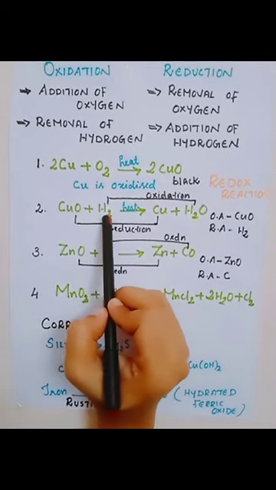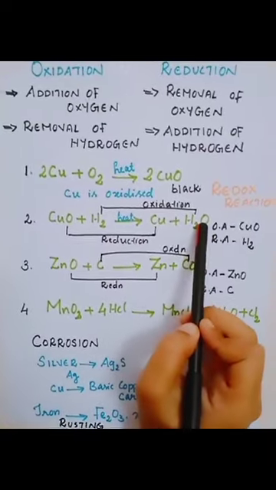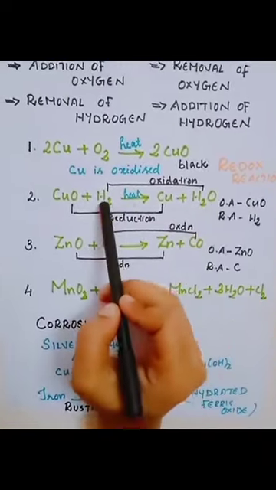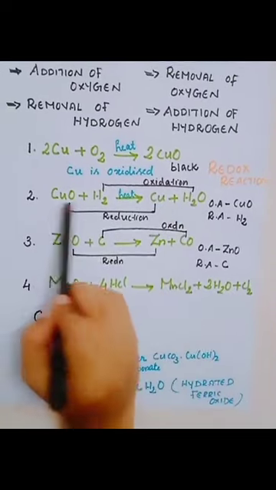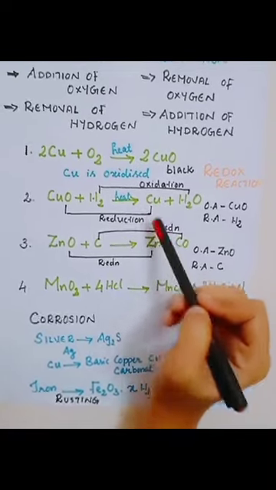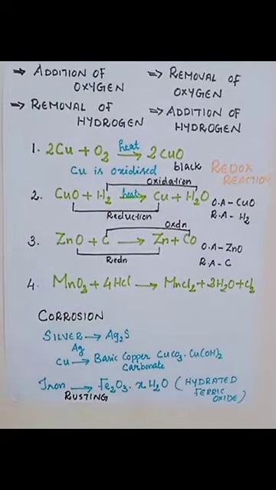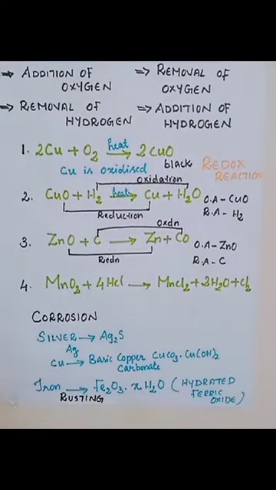Similarly, hydrogen on the reactant side changes to H2O. That means an oxygen atom is added to hydrogen, therefore hydrogen undergoes oxidation. In this example, both oxidation and reduction take place in a single reaction.